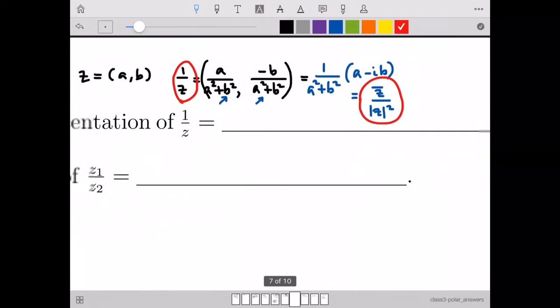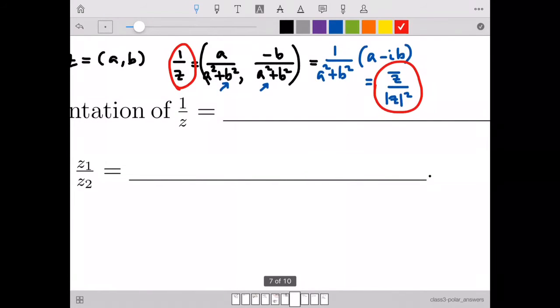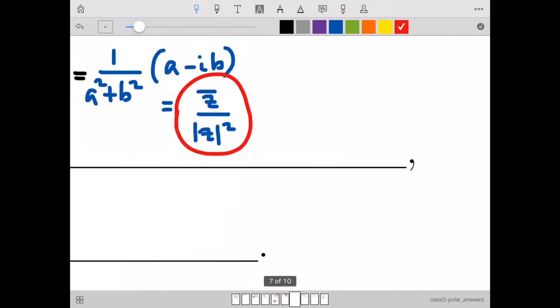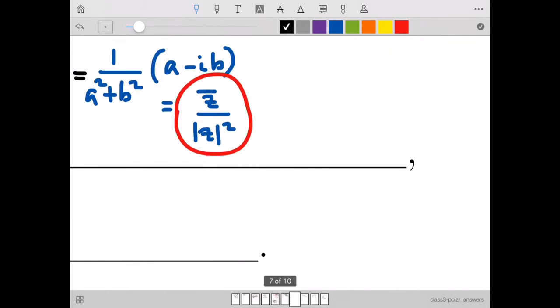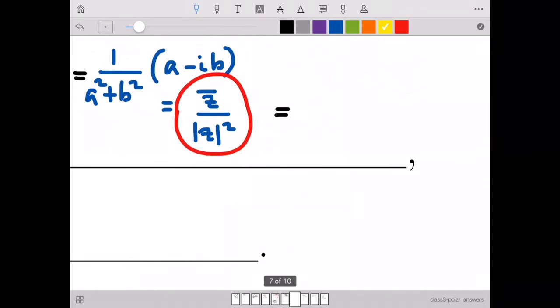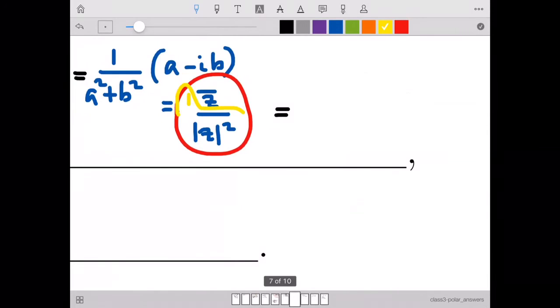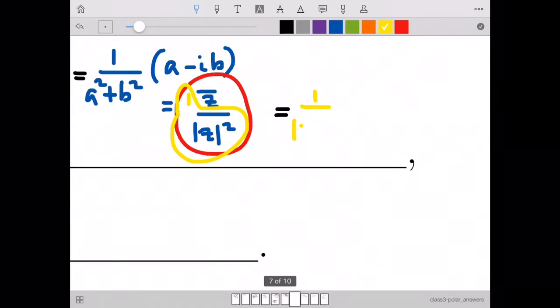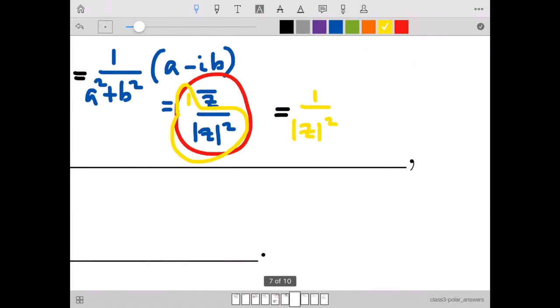So how do we find the polar representation of it? This part, 1 over absolute value z squared, is real, so it comes out as it is.